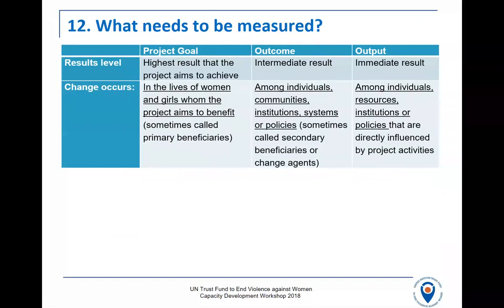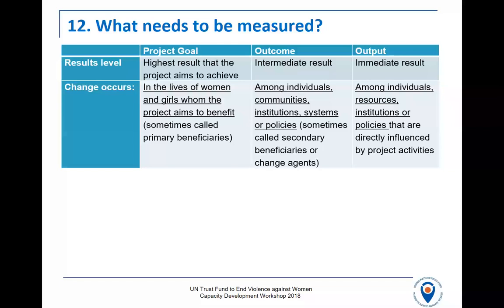At the outcome level, which is the intermediate result, which might be achieved after 1 to 2 years, the change that we're hoping you will achieve is around changes in individuals or communities, or institutions and systems or policies. Sometimes this is focused mainly on secondary beneficiaries. For example, there might be a change in the behavior of community leaders. So you will need to measure that change.